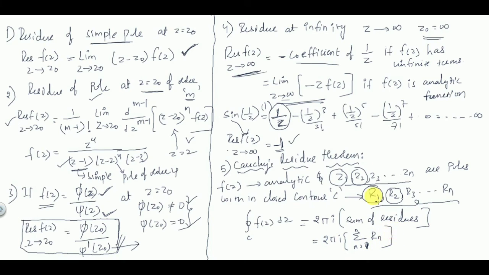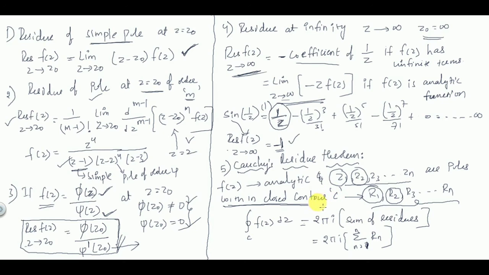So you have to find the individual residues at each and every pole. An important point is that the pole should be within the closed contour. So first of all you have to check whether the pole is inside the contour or not.